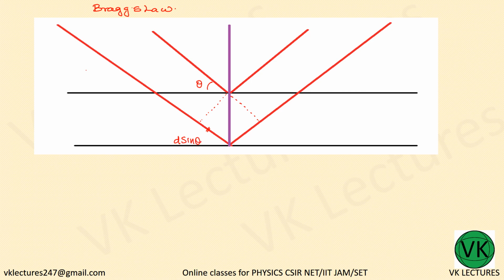Similarly, here we have d sine theta, and the path difference, delta x, will be equal to 2 d sine theta, or the path difference delta x can be written as n times lambda, where n is the order, and this is Bragg's law in scalar form.